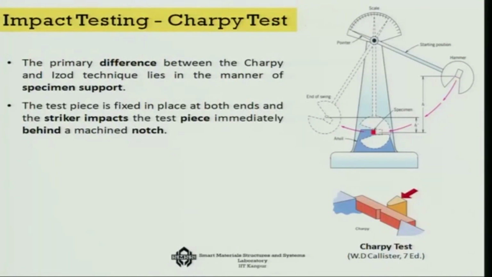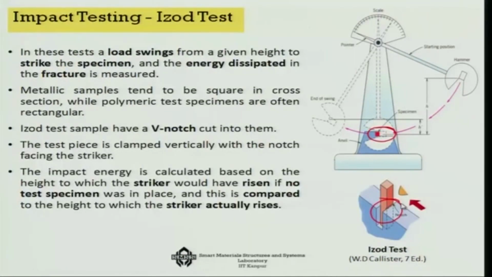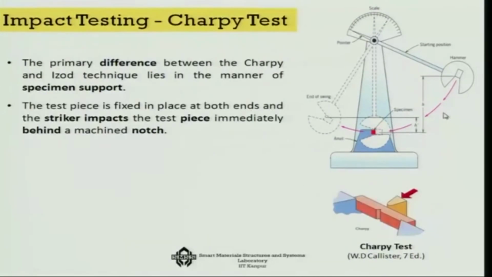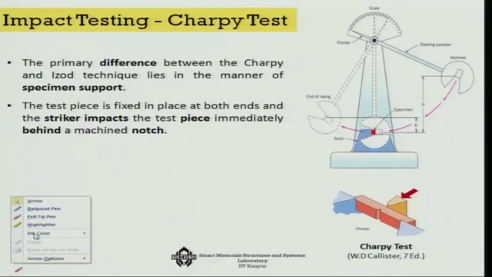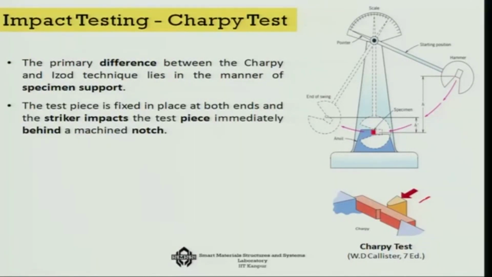Now, the difference between the Izod test and the Charpy test is that in the Izod test, if I go to the last case, you make a notch, and the notch faces the hammer. In the Charpy test, as you can see, on the other hand, the notch is on the opposite side of the hammer.